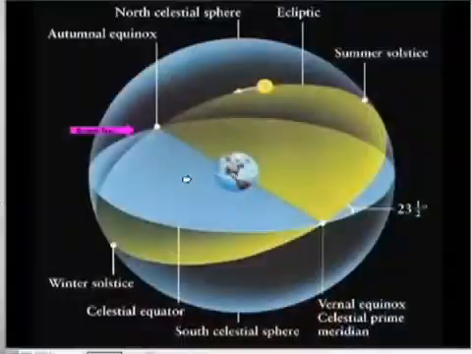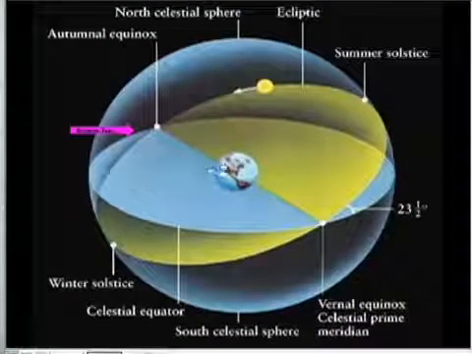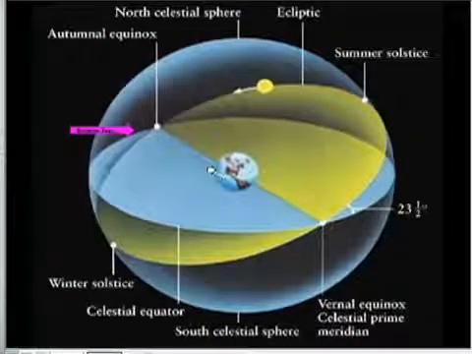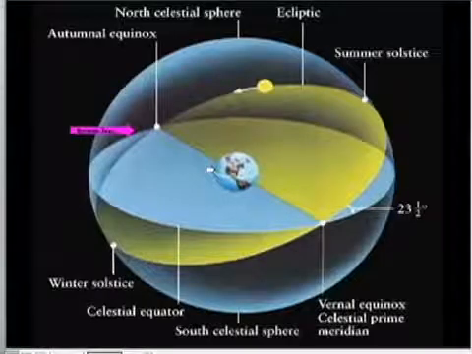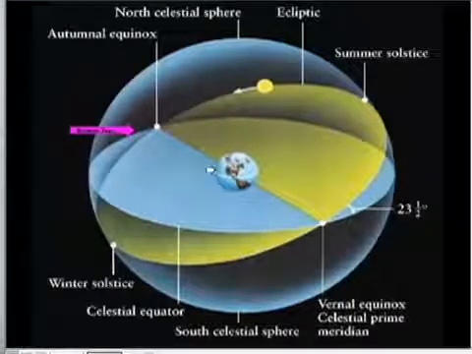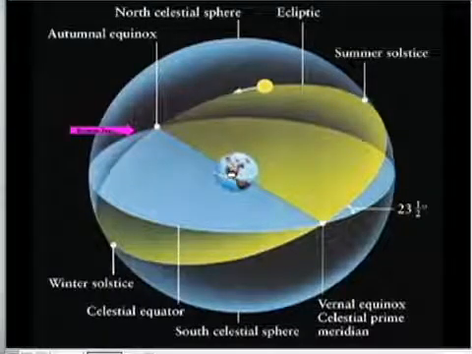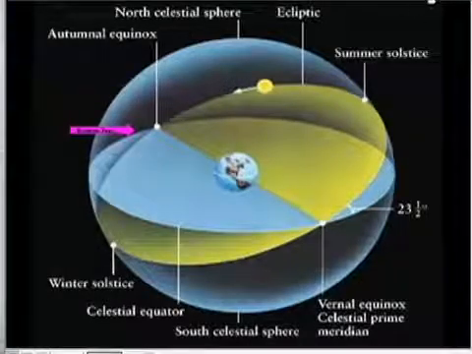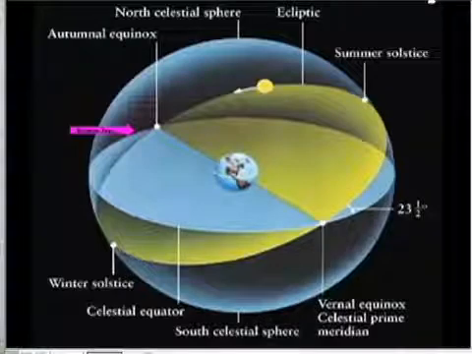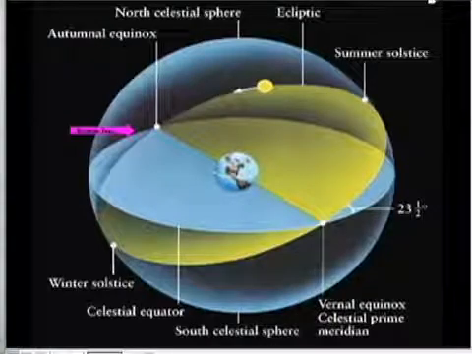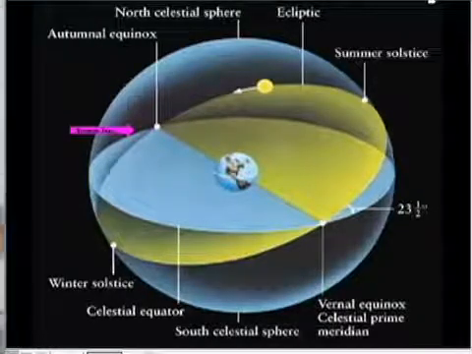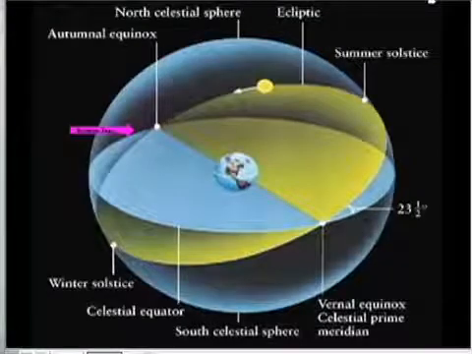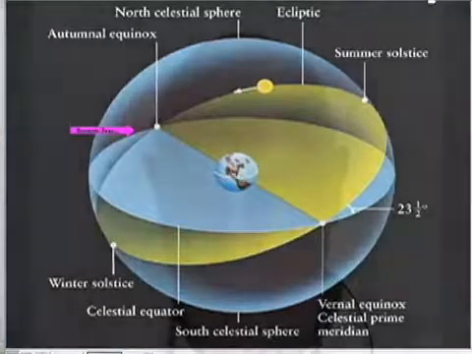Okay, so as the Earth is turning towards the east, the constellations on the eastern horizon appear to be rising, and the constellations on the western horizon appear to be setting. Actually, they're staying still in the sky, and the Earth is rotating underneath them.